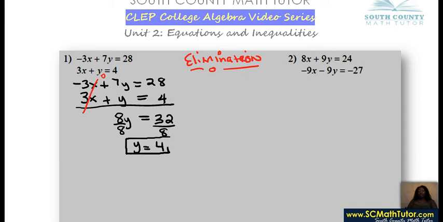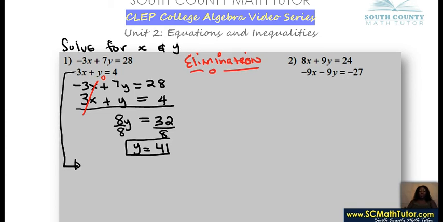So here we found y. This should say solve for x and y. Okay, so y is 4. Now to get the x, all you do is pick one of the equations. It doesn't matter which one you pick, but of course you want to pick the one that's easiest for you. So I'm going to pick the second equation, and then I'm going to plug in y and solve for x. I have 3x plus y, and instead of y, I'm going to substitute the 4.